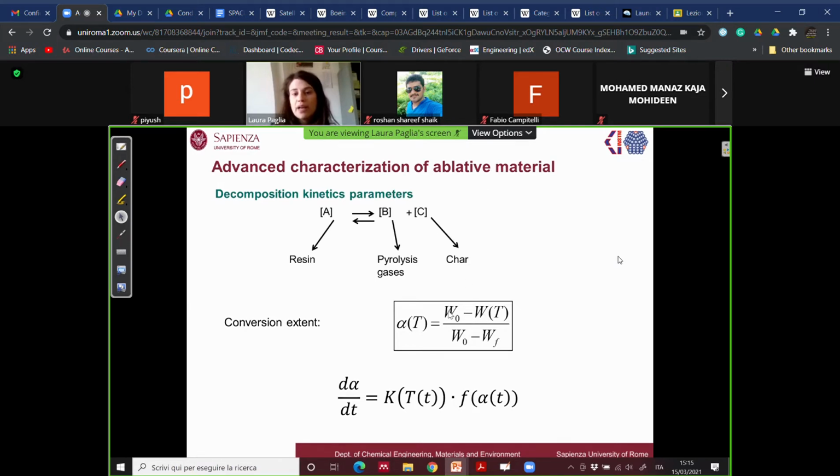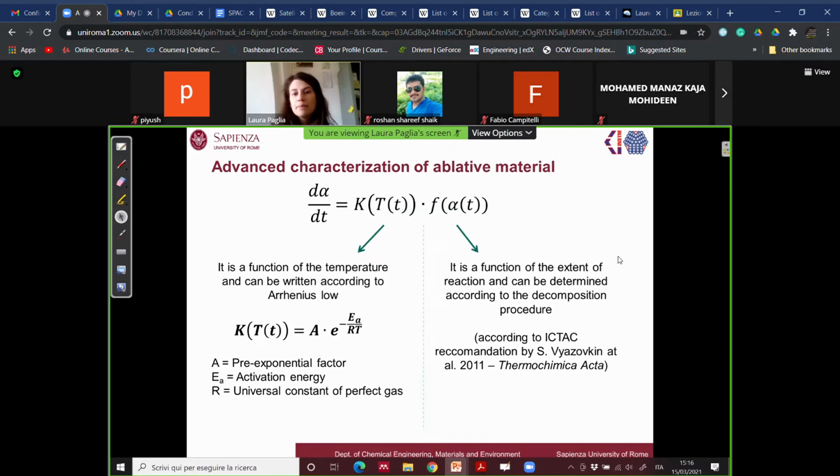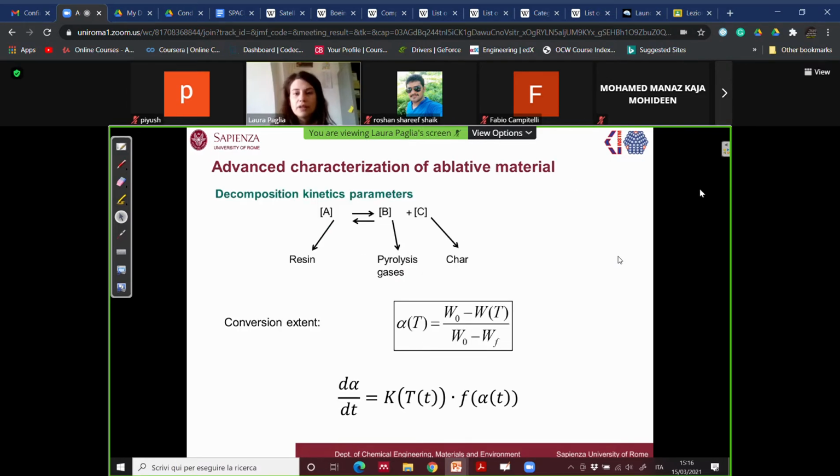This W is the weight of our material. We know that we will have an initial weight of our material and a final weight. The difference in weight is due to the decomposition reaction of pyrolysis. So we will also have some intermediate values of this parameter, because during the reaction our material will have a different weight.